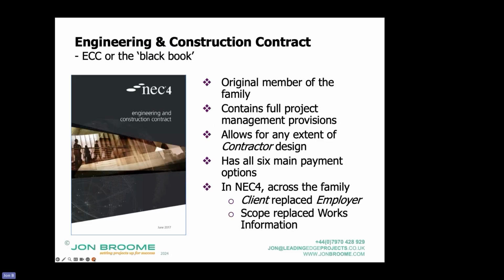So let's get on to these. The Engineering and Construction Contract, or the black book, or the ECC, is the original member of the family. It contains the full project management provisions in terms of programming, early warnings, compensation events, the number of them, a full schedule of cost components to build costs up from scratch if there are compensation events, the full options, all 6 main payment options.